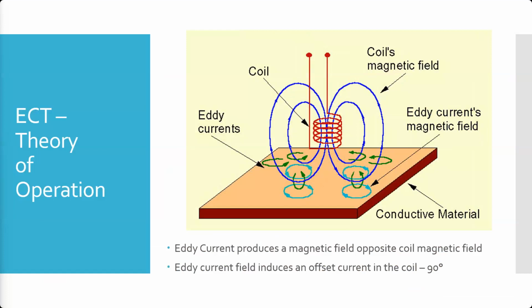That's what produces that inductive reactance on the coil. That's 90 degrees to the original direction, right? Because remember, we learned the right-hand rule, this is going to be out of phase with the original coil, the current it's going to cause back in the coil. Okay.